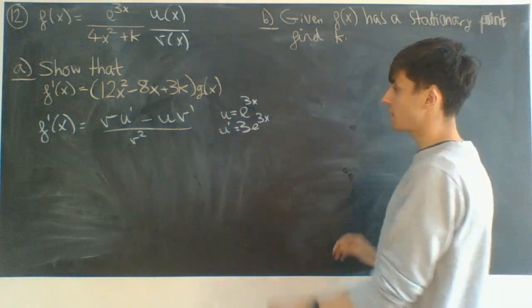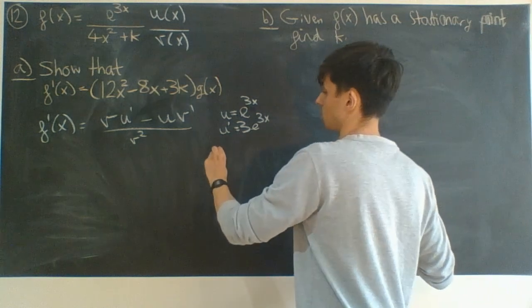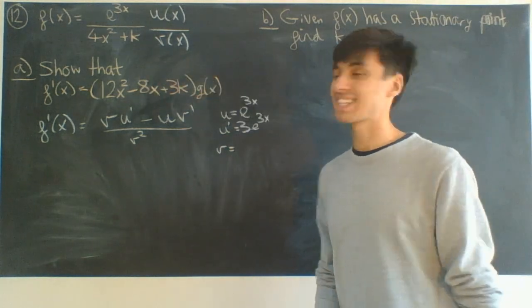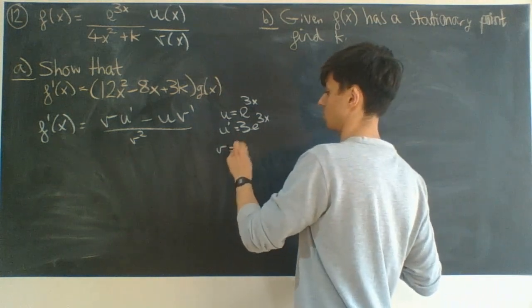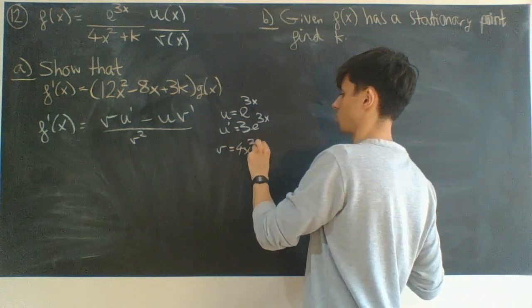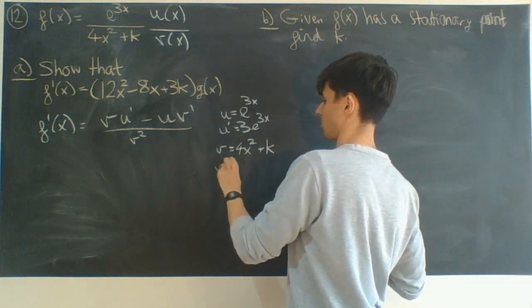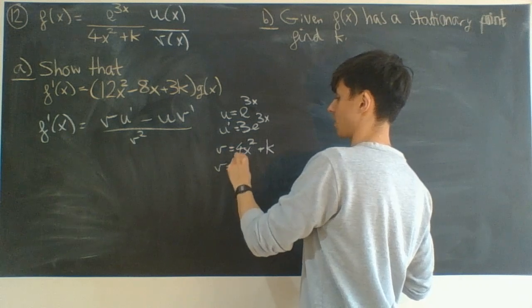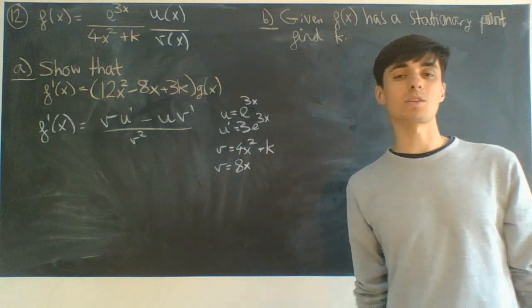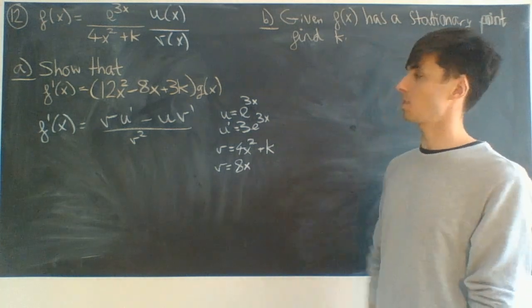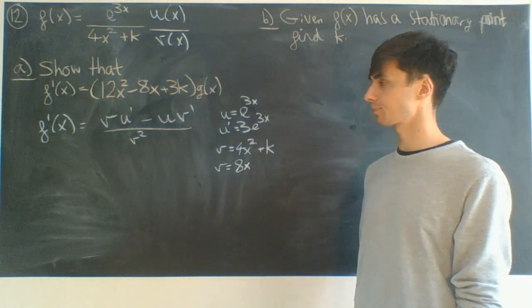And if v is 4x squared plus k, then when we differentiate this, we get 8x, and the k disappears. K is just a constant in this question, so it disappears under differentiation.